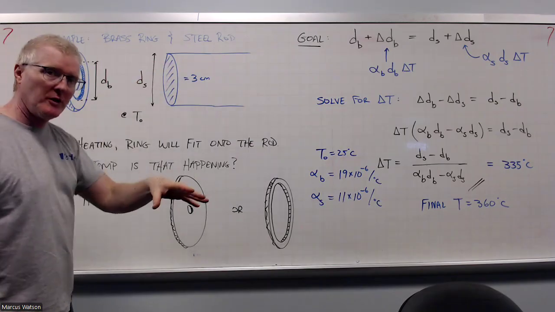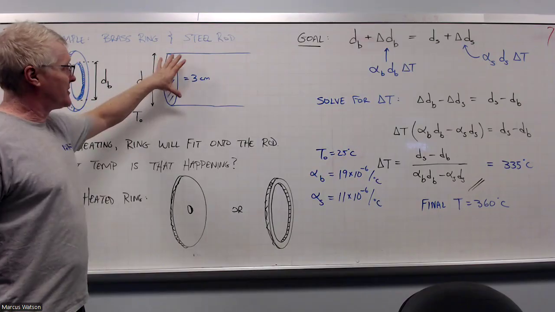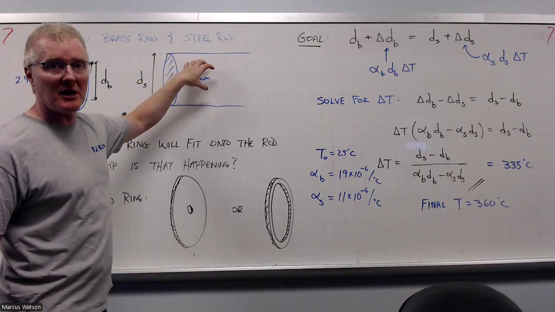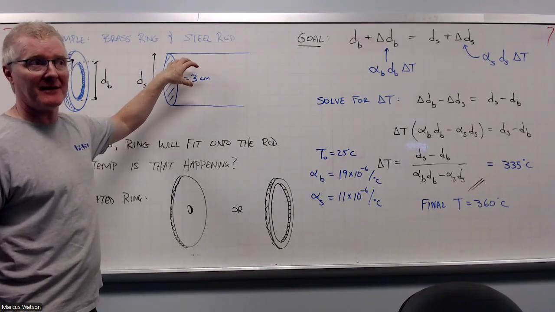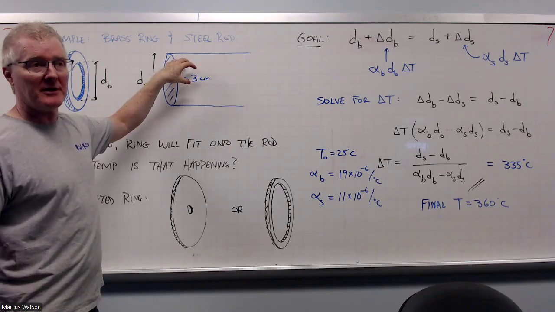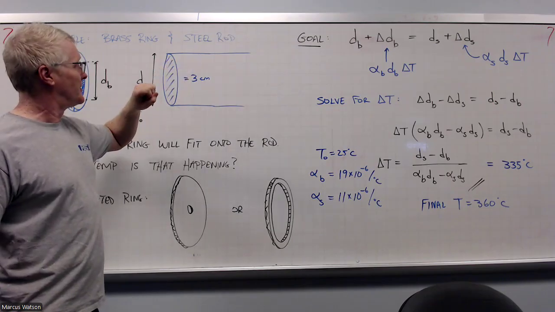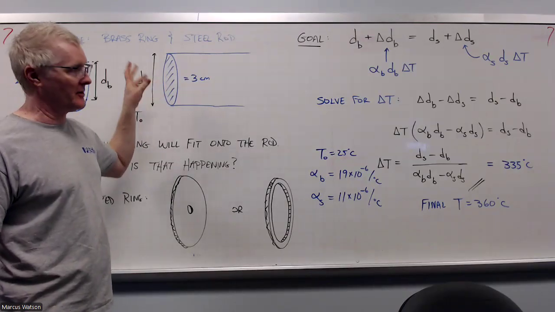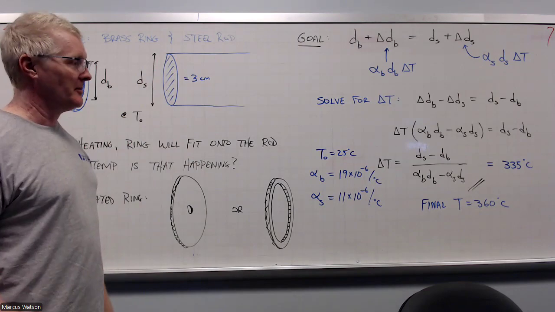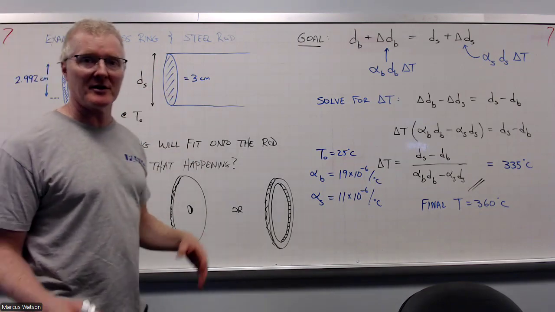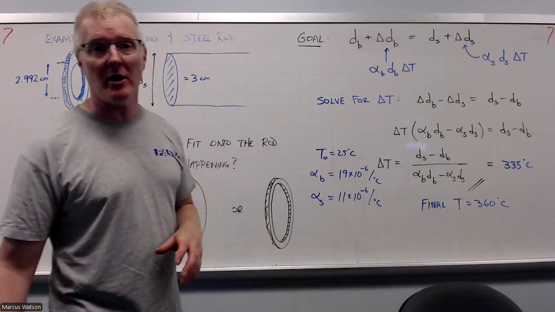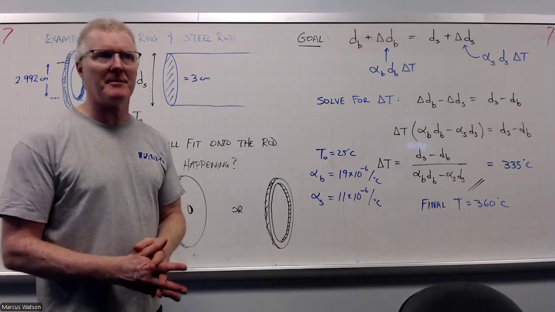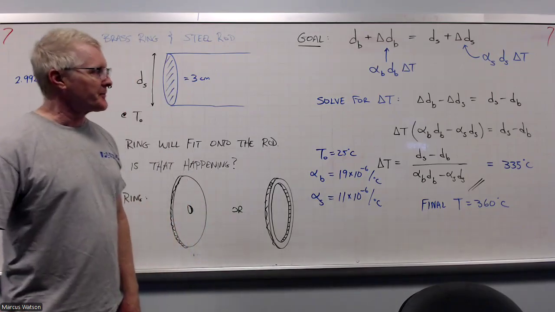If I then cool them down, the brass ring pinches onto the steel rod and it will not be removable. Yeah, so you can heat them back up and then you could probably pry it off. But once you cool this back down, it's going to be basically cinched and it won't come off. Okay, which is the basic idea of the rivet.